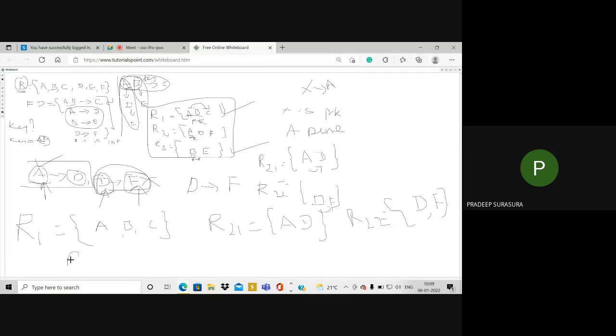Lastly, write R3. After normalizing this problem, R is broken into four tables: R1, R21, R22 and R3. These are the final tables after normalizing. So this is the end of the problem.